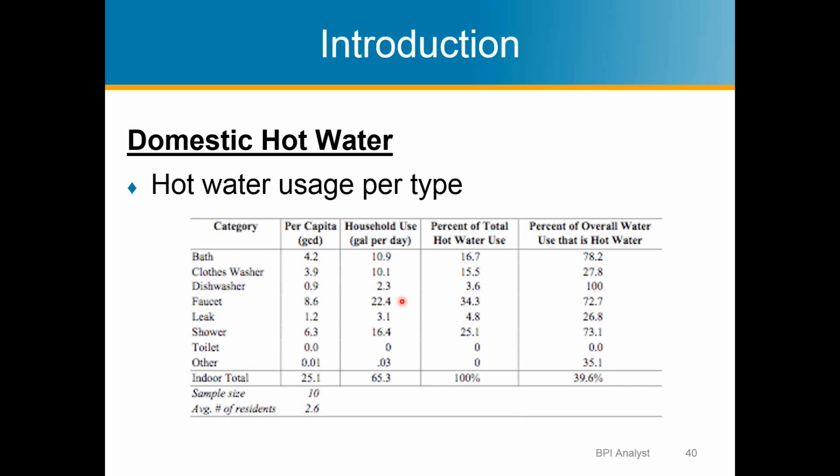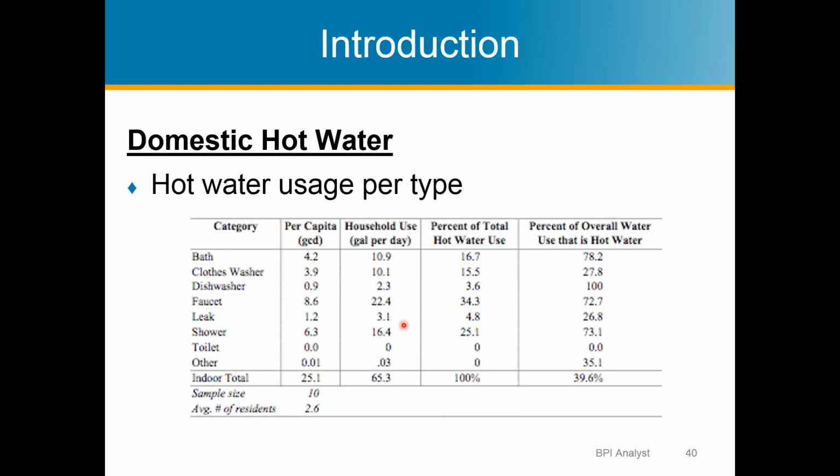I would also argue, and I try to convince my family, that they don't need to use hot water at a faucet typically. If you're washing your hands, by the time hot water got to the faucet, I would already be done washing my hands. All I would be doing is filling up the pipe with hot water. I actually wouldn't be using it. So just wash your hands in cold water.